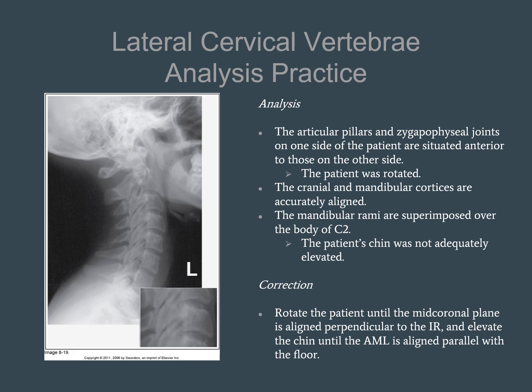Therefore, we have a little bit of mispositioning. Our patient's chin wasn't adequately elevated. In order to correct this, we need to, again, rotate that patient until the mid-coronal plane is perpendicular with the IR, and make sure that we elevate that chin until the acanthomeatal line is parallel with the floor.